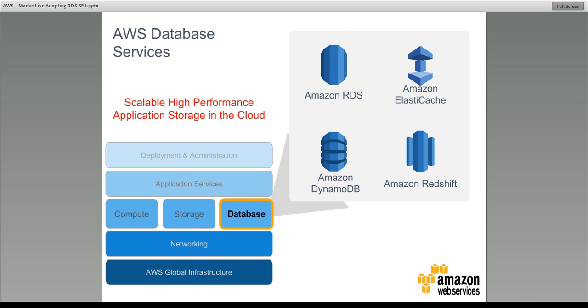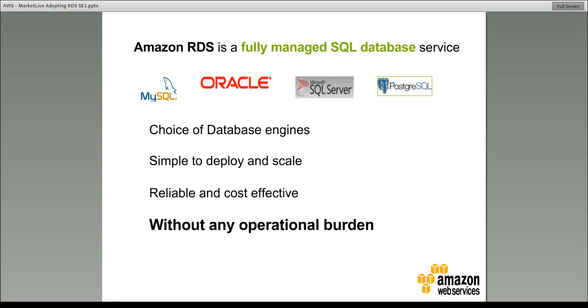We also offer our data warehouse known as Amazon Redshift, as well as a NoSQL database known as Amazon DynamoDB, and a caching service called Elasticache, which are not part of today's presentation, but oftentimes I like to mention that as you're considering a migration, to make sure you're selecting the proper engine for your application and not just moving what you're doing on premise today to the cloud, but making sure that your requirements are met by the engine itself.